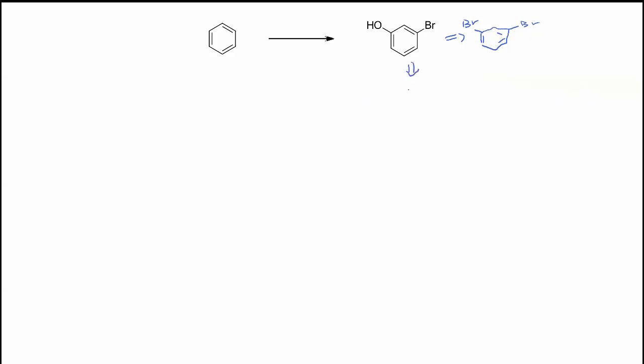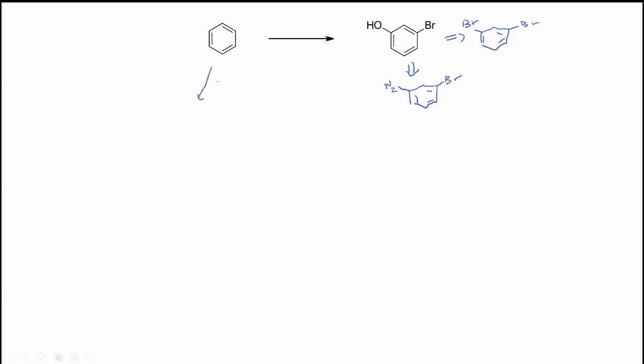The other way is through the N2 route, which I think would be easier to get to than this meta Br. Also because Br is an ortho para director, the other one is meta. So I think I'll go through the azo compound there.